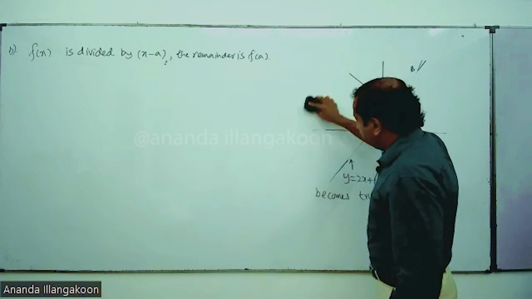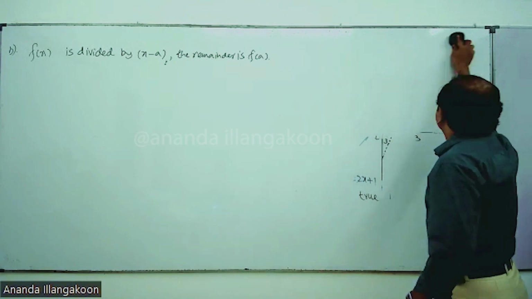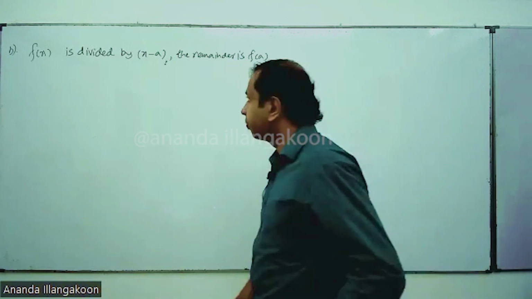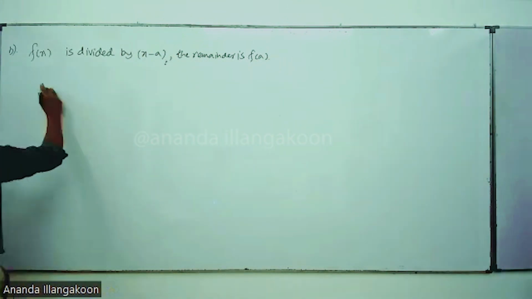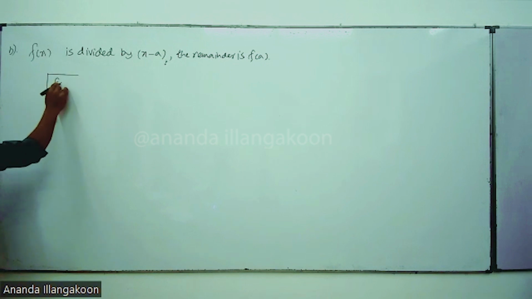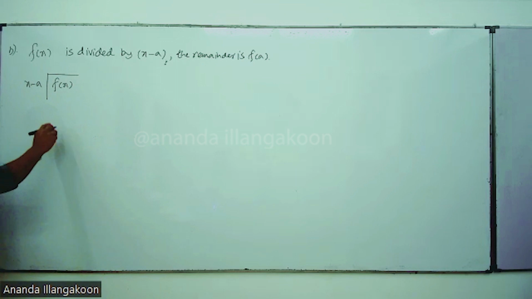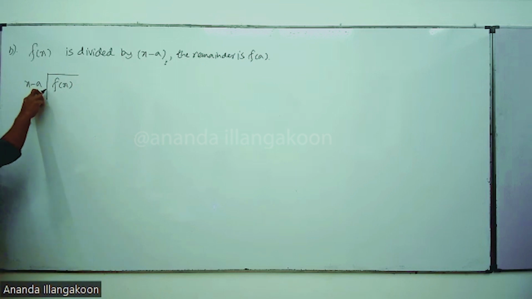So let's see how to prove. State and prove, no? How to prove this? We assume like this. When f(x) is divided by x minus a, this is the first degree divisor, no?